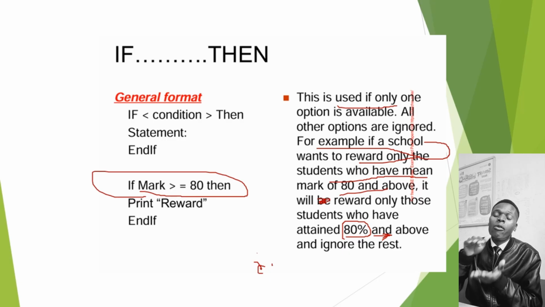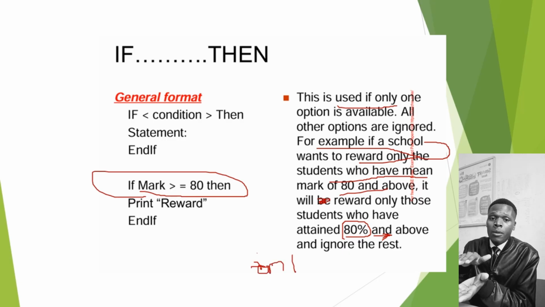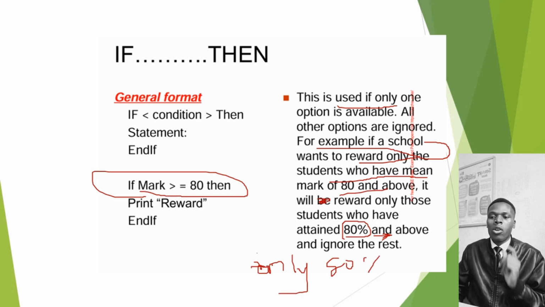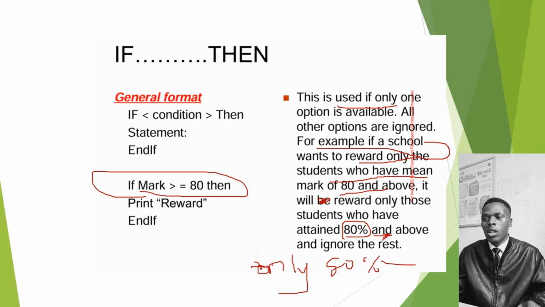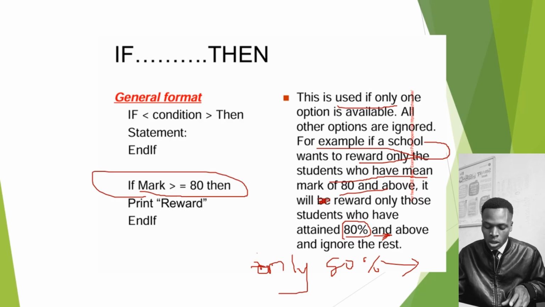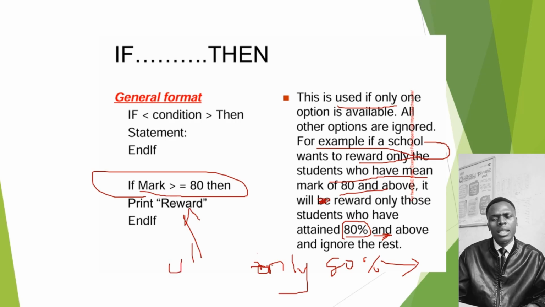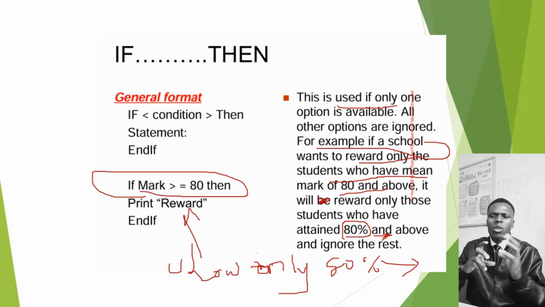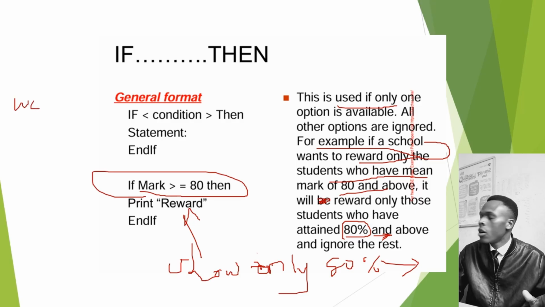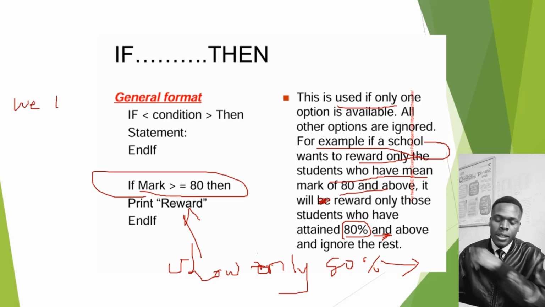So mainly we wanted to run this on the scores of the students in a school. So those 80 and above were to be rewarded. So it should show the term reward for that student. In that idea, because we are not testing many conditions, we are only testing those students who have above 80.